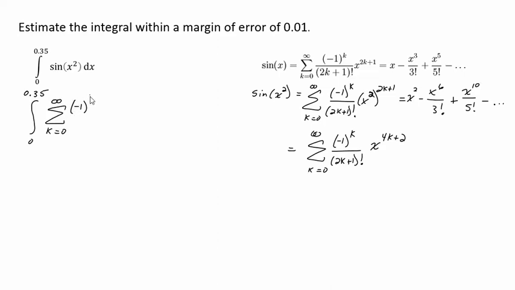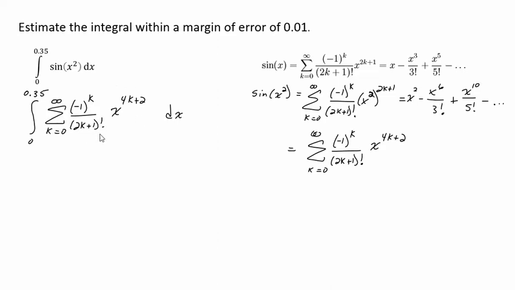So this negative 1 to the k and this 2k plus 1, we're really going to treat these like constants when we're doing our integration. Here's my x term. That's what I'm integrating with respect to dx, right? So this is really just a constant times x to a power for a whole bunch of different terms. It's like a polynomial, right? This is just a polynomial.